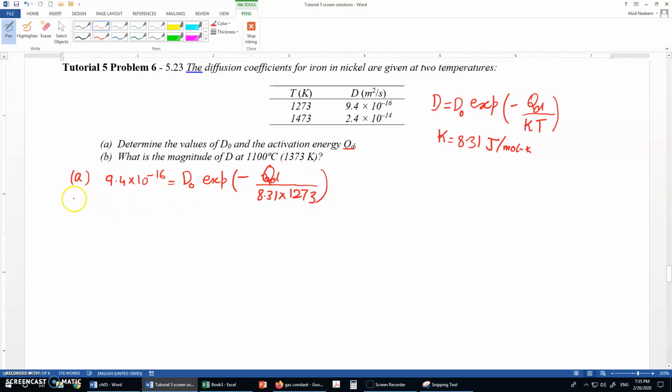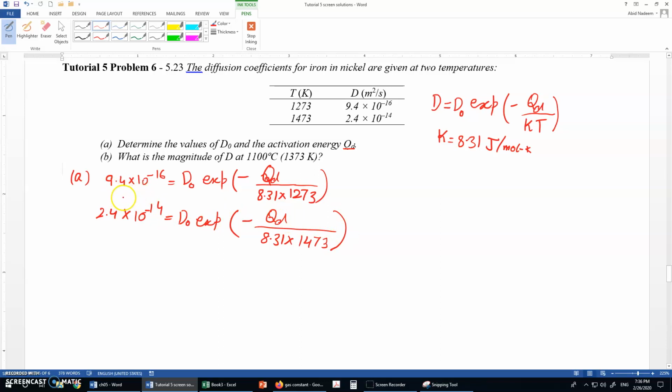And for the second data set, we have a value of 2.4 into 10 to the power minus 14 equal to D naught, exponent minus QD divided by gas constant 8.31 into 1473. So we have these two equations.